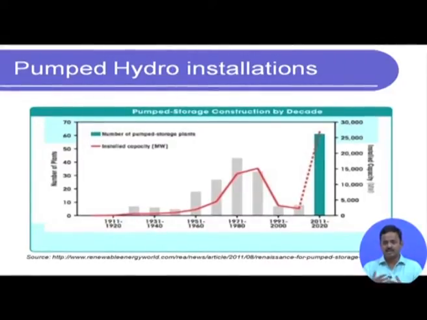As a result, there is again a renewed vigor on such energy storage, and the focus has again shifted back to energy conservation, to energy storage, and therefore, several plants are due for completion in this decade. Okay. So, this is a projected figure. We may not be hitting this 60 mark over here, but we will have a significant number of new installations in this decade that we are in.